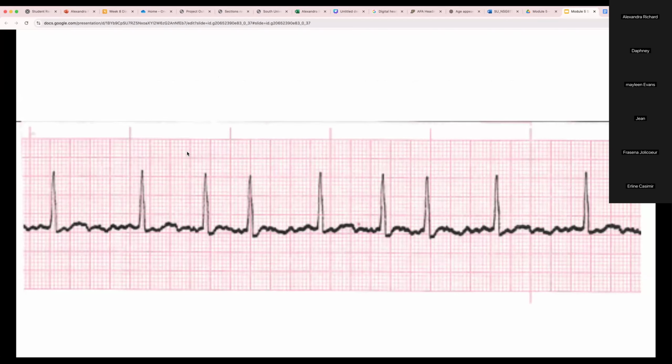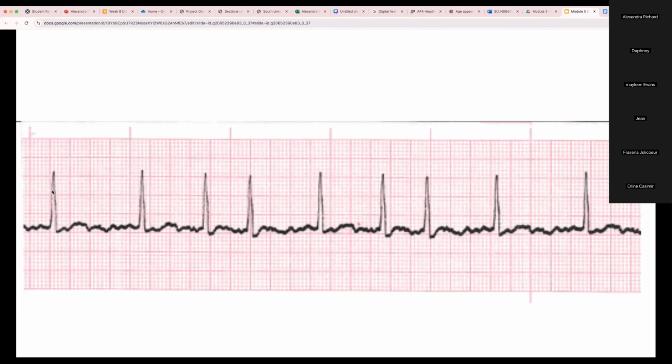Yes or no? Is this a sinus rhythm? This is not sinus. It never, ever would meet those qualifications. Because to be a sinus rhythm, you have to have a P wave in front of every QRS, and all the QRSs have to be the same distance apart.